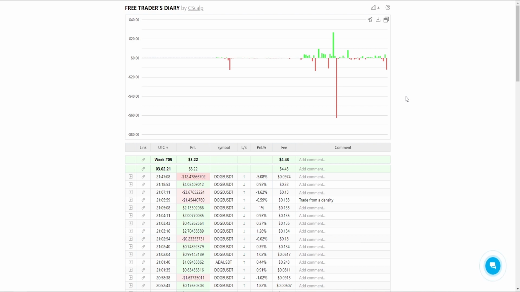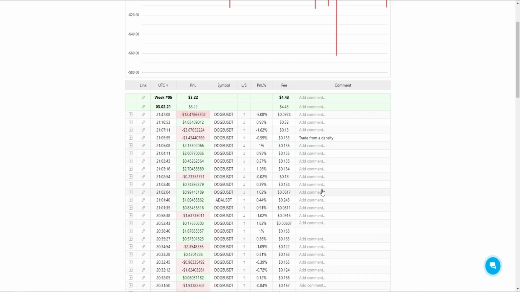We also got how to make all the statistics, how to write down the comments, and how to share a day, a trading day, a trade, or a week with your friends or teammates, for example. We hope that the trading diary will be useful for you and will help you to analyze your trading activity.